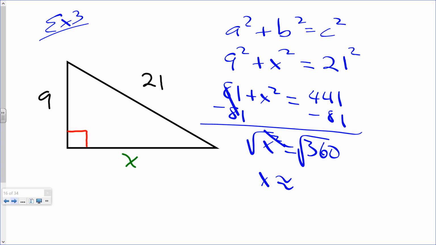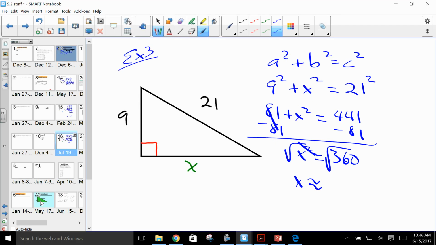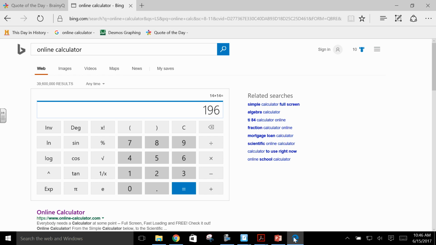Square root of 360 to the nearest 10th. 18.0. I think it's 19.0. What? Let me punch this puppy in here. So square root of 360, here we go.